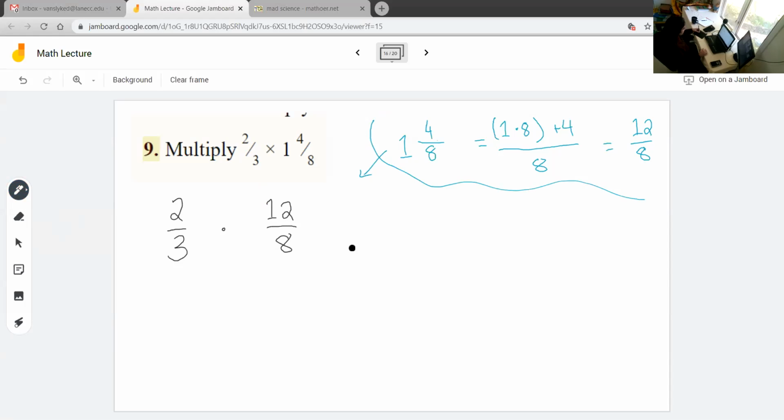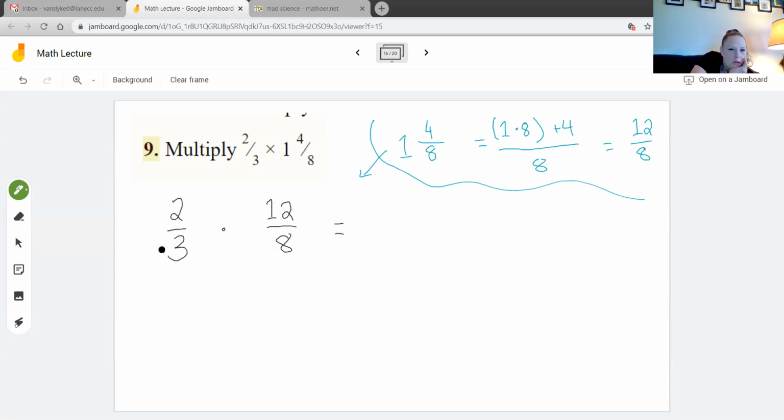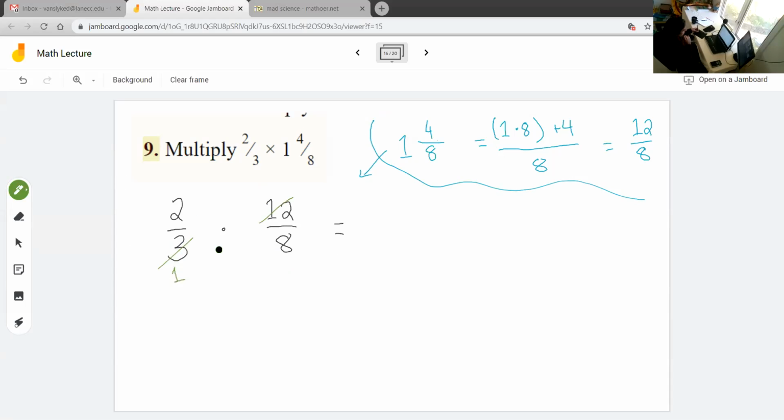Okay, what can we reduce here? Or what can we cancel here so we don't have to reduce as much? You can do the 3 and the 12 and the 2 and the 8. So the 3 and the 12, 3 divided by 3 is 1, 12 divided by 3 is 4.